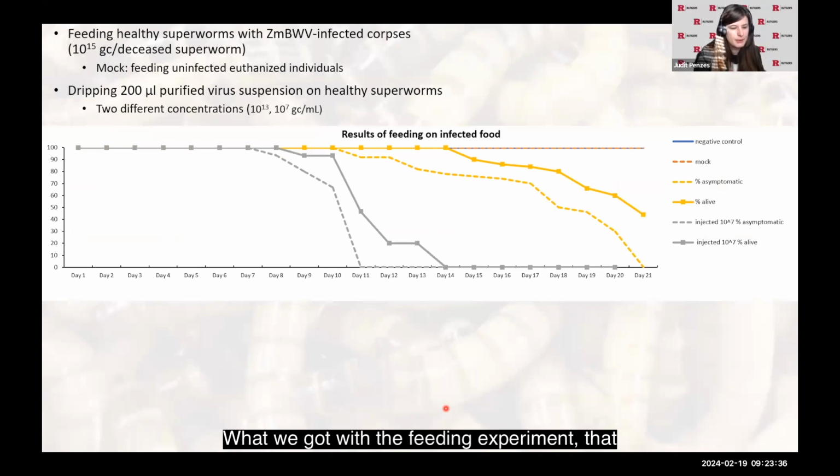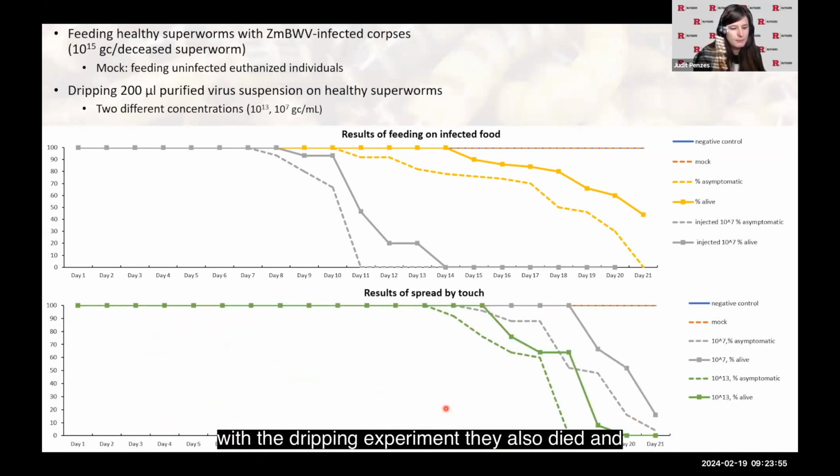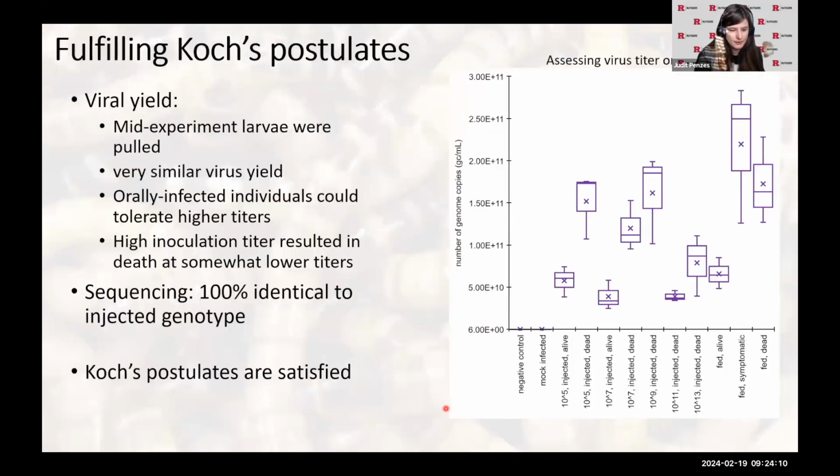With the feeding experiment, they again started exhibiting the symptoms of the black wasting disease and died. It only took them approximately twice as long to die as it did with the lowest dose in the injection experiment. With the dripping experiment, they also died, and it also took them a significantly longer time. However, it happened as well in a dosage-dependent manner, just like we saw with the injection experiment.